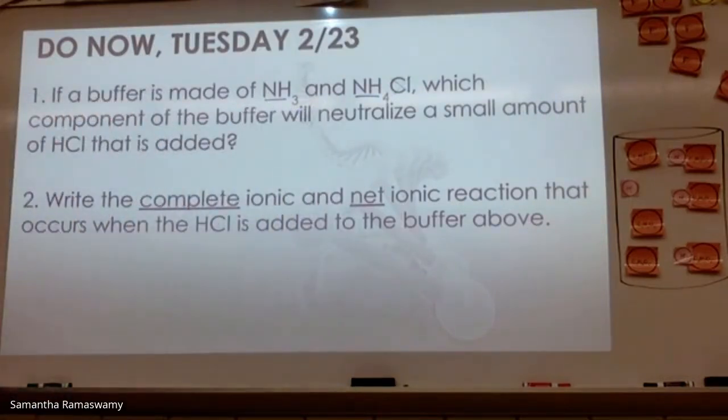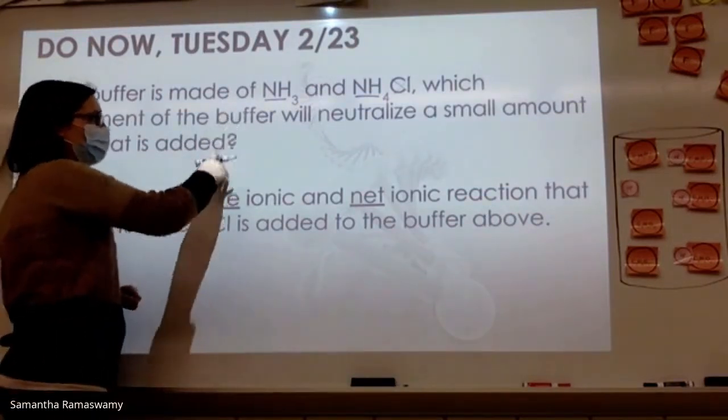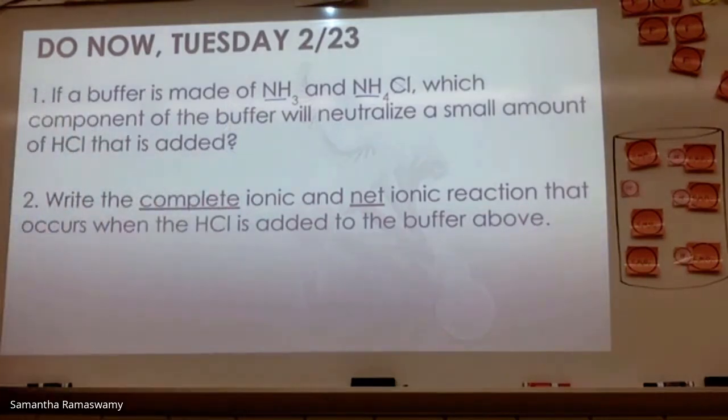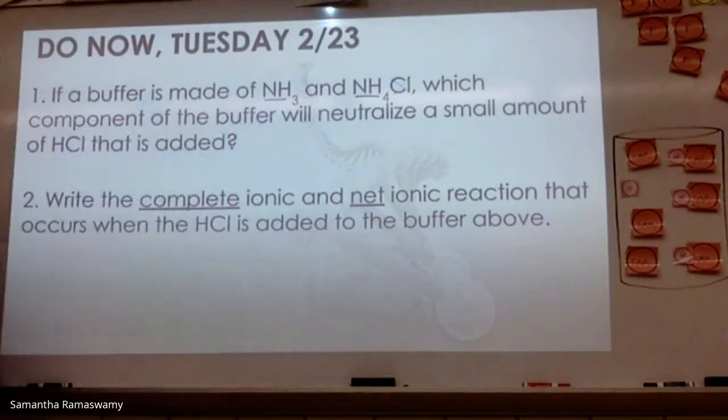We have to first figure out in this buffer which is the acidic component and which is the basic component. Because in a buffer, you always need a weak acid and a weak base. So when you look at this, just remember that the acid always has one additional H+.